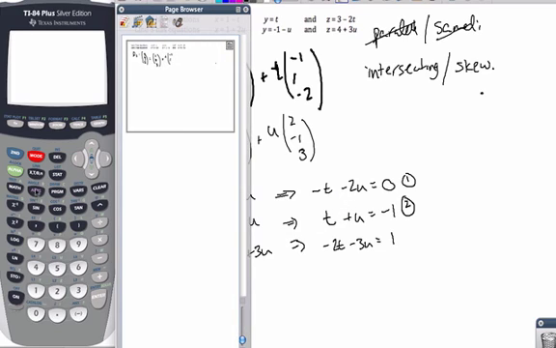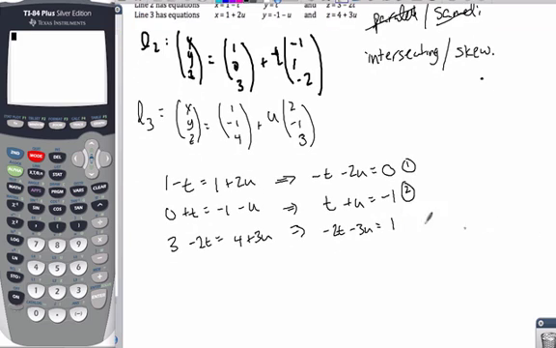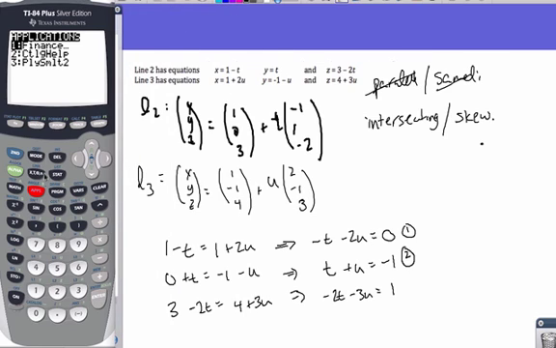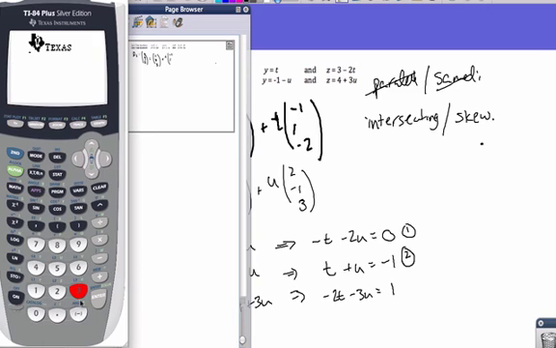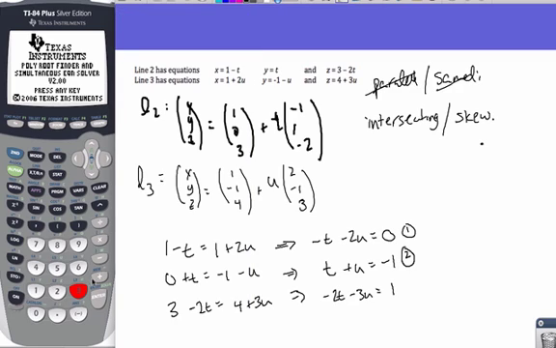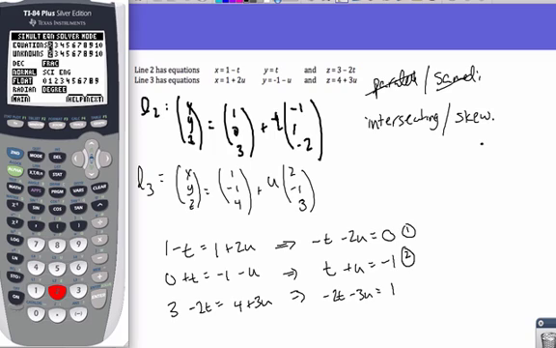To do it, the easiest way is to use my calculator. I'm going to go to my apps, 3, which is my polynomial solver, and go to number 2. I have two equations, two unknowns. I'm only going to use 1 and 2.